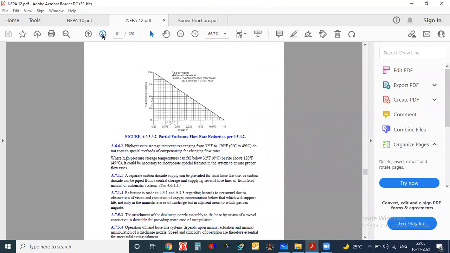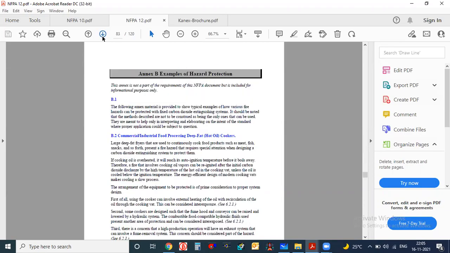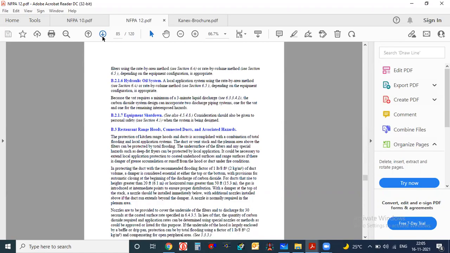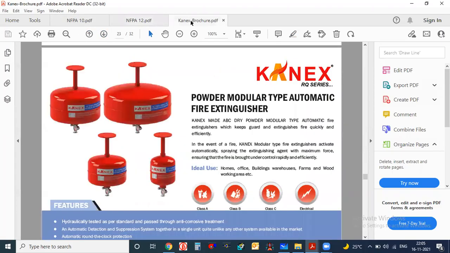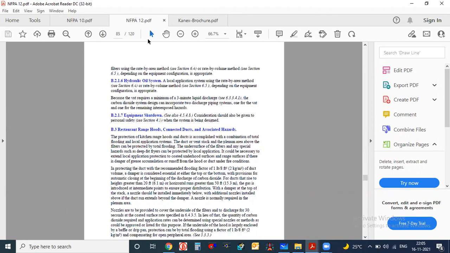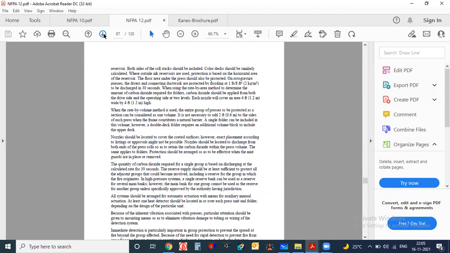If you are going into the manufacturer side, like if you want to extend your knowledge in manufacturing, then I think these things are required, because here they have given the calculation steps clearly. That will be very helpful. Otherwise, for knowledge purposes, NFPA 10 and a brochure from any manufacturer is more than enough.